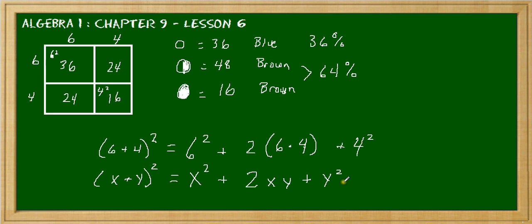A polynomial that contains 2 terms is called a binomial, and one that contains 3 terms is a trinomial. We can understand the bi meaning 2 and the tri meaning 3, right? Like a bicycle having 2 wheels and a tricycle having 3. All right, the preceding equation shows that the square of a binomial, x plus y, is a trinomial, x squared plus 2xy plus y squared.